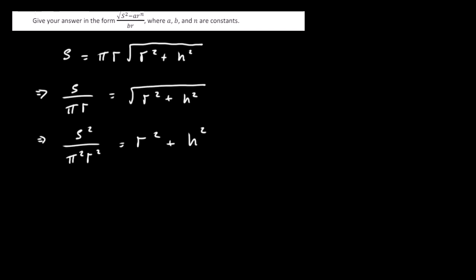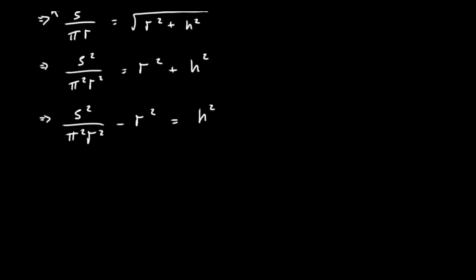Okay, let's just get the h on its own then. So that's s squared over pi squared r squared minus r squared is equal to h squared. Now let's just turn that into one fraction on the left hand side. Common denominator is pi squared r squared. That'll give us s squared, and then this is over 1.